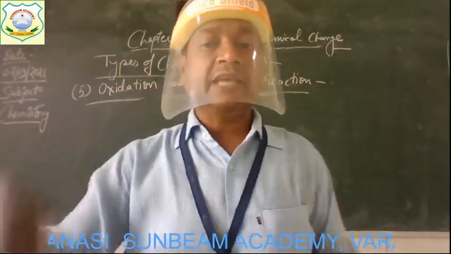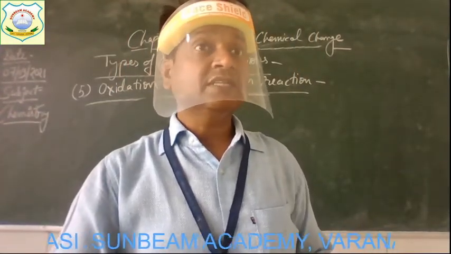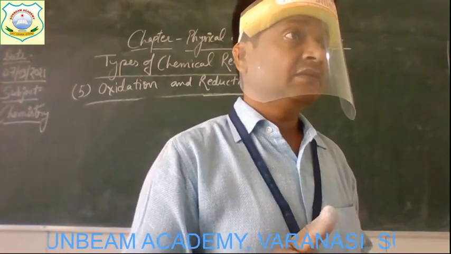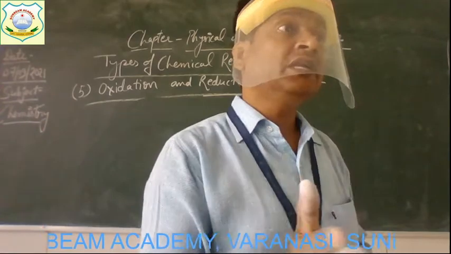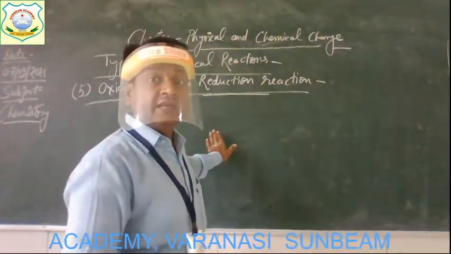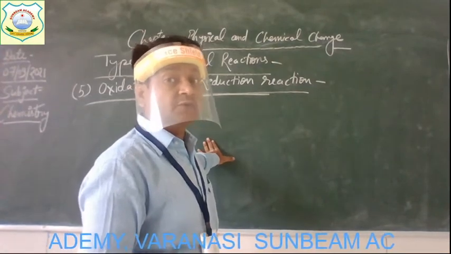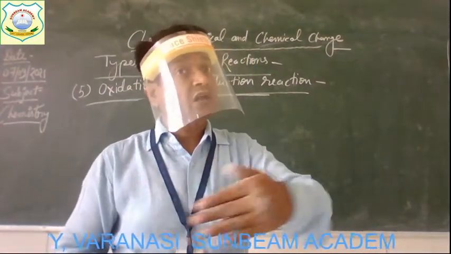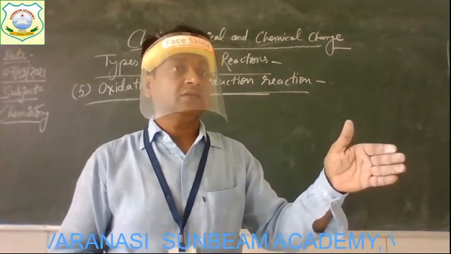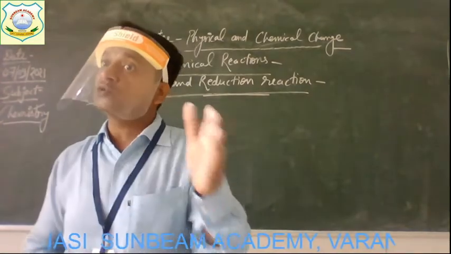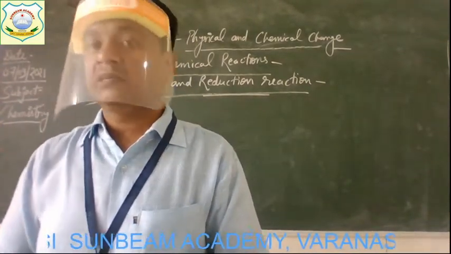As in oxidation reaction, we discussed that oxygen gets added or hydrogen is removed. Just opposite to that, the reduction reaction involves addition of hydrogen or removal of oxygen from a substance. Such a chemical reaction is known as a reduction reaction.